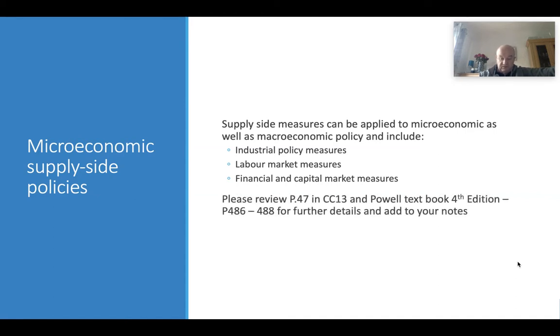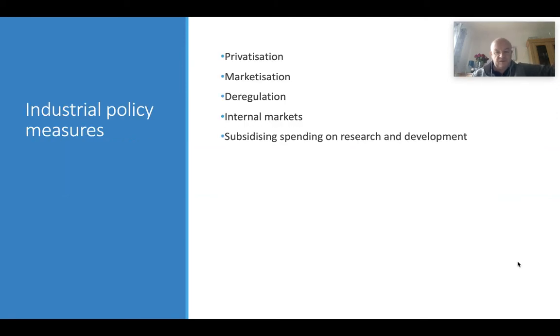So, as I mentioned before, page 47 in your booklet, and also the Powell textbook, 4th edition, from 486 through to 488, there are some further details that you can add to your notes should you wish to. So things that can happen as far as the industrial policy measures are concerned: certainly privatisation or marketisation can help.